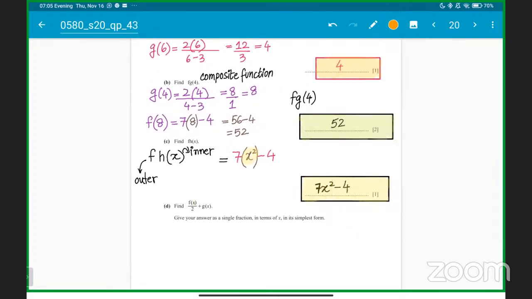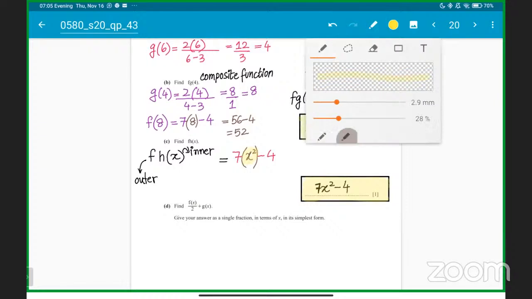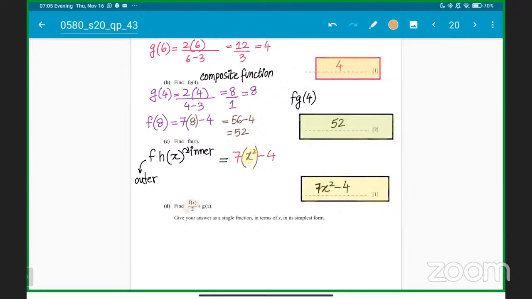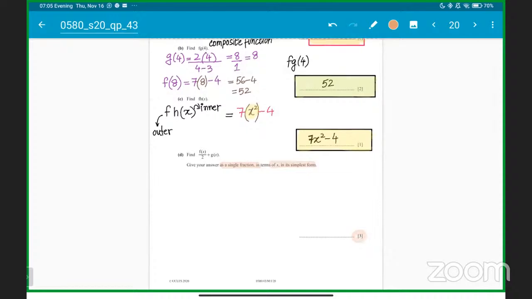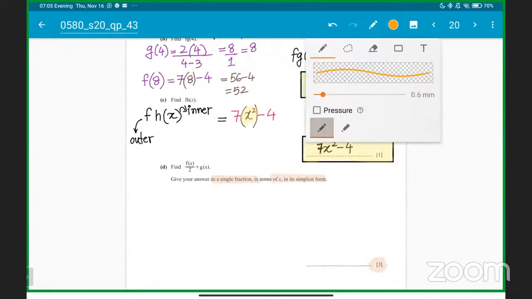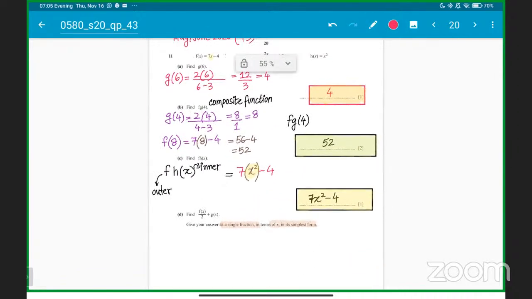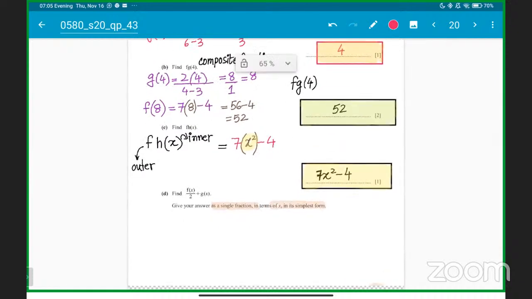And then we have f(x) divided by 2 plus g(x). Give your answer as a single fraction in terms of x. So f(x) will have to be divided by 2. What is the f(x) function? That is 7x minus 4. So here we go, (7x minus 4) divided by 2.